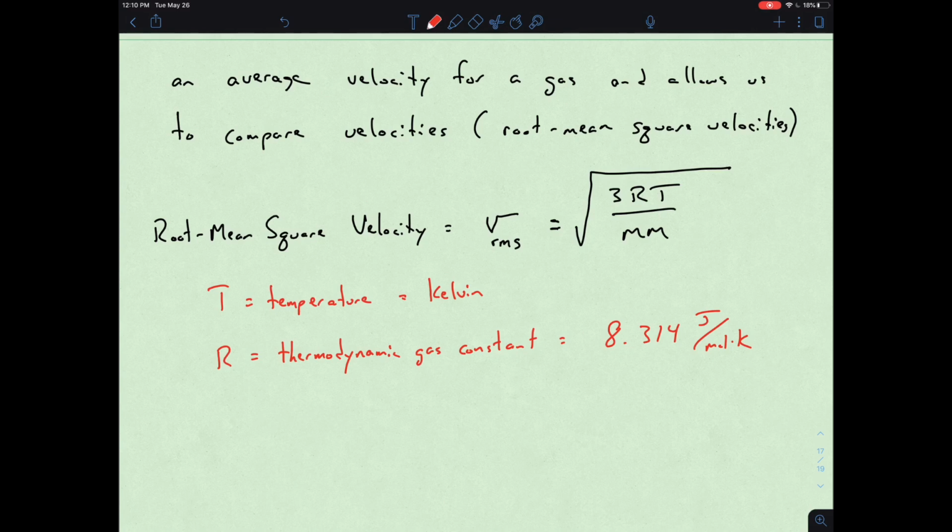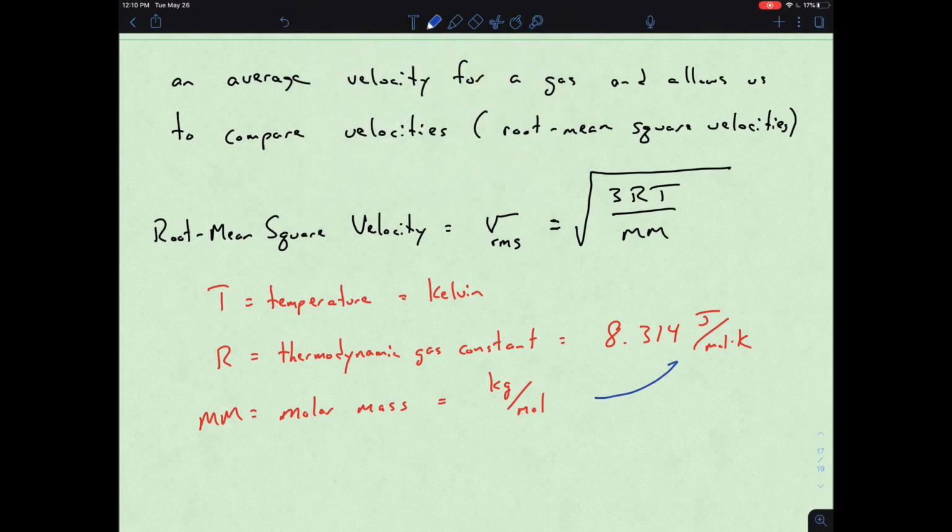And we then have our molar mass. And that's where we tend to see an issue with students, because while we're used to grams per mole, we need to be in terms of kilograms per mole.